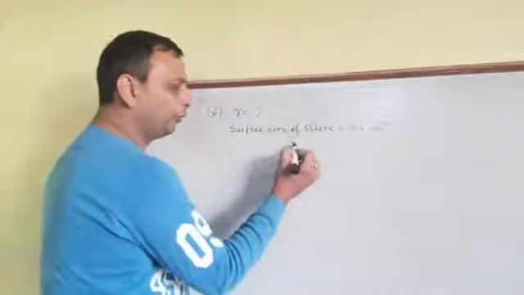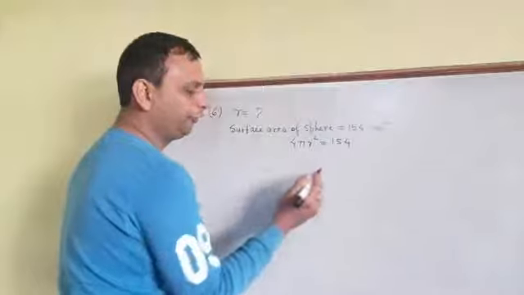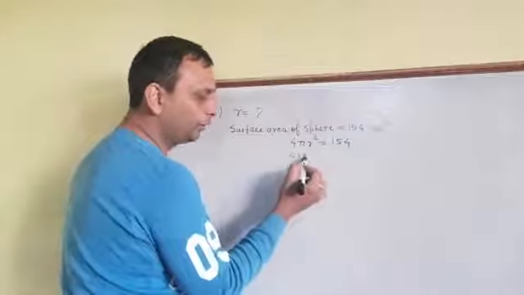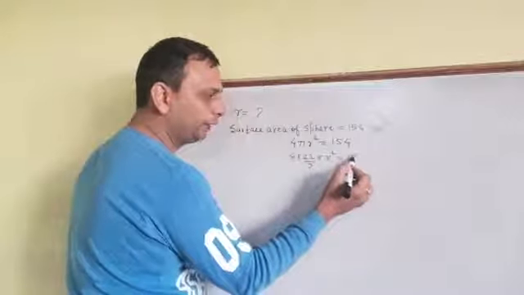We will put the formula 4 pi r square equals 154. 4 into 22 upon 7, r square, we have to calculate, equals 154.